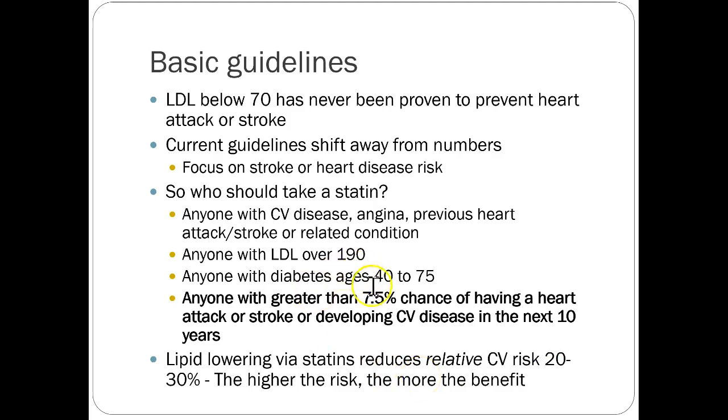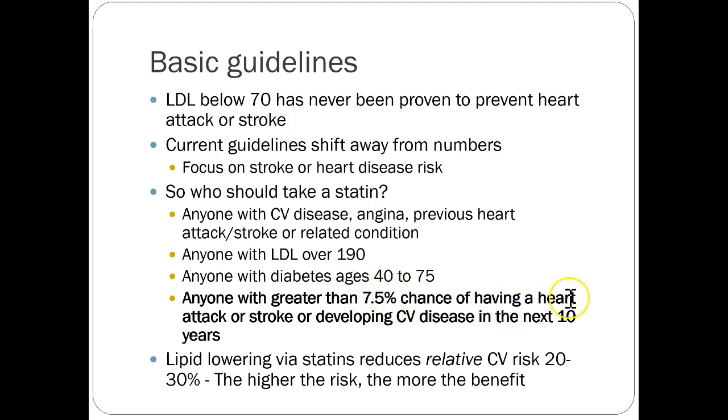Now, if it's a relatively healthy person and they calculate like 2% or 1%, they're still going to get a reduction in risk, but 20 to 30% relative risk for 1 to 2% is going to be a lot less impactful and a lot less beneficial for that patient versus the person who's really high risk. So that's where that cutoff was kind of drawn and why they decided at 7.5% chance.